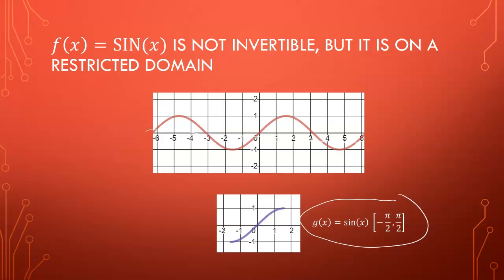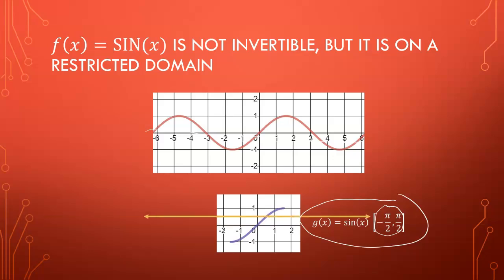So the sine inverse function is defined as only existing on that interval. The only outputs for the sine inverse function are going to be the values from negative pi over 2 to positive pi over 2, so that the sine inverse function is a function.